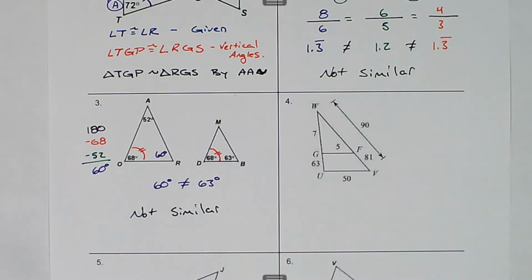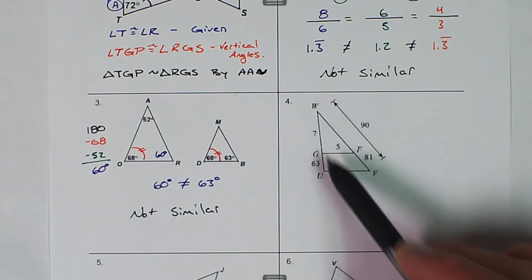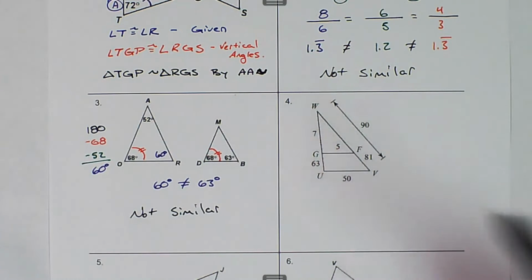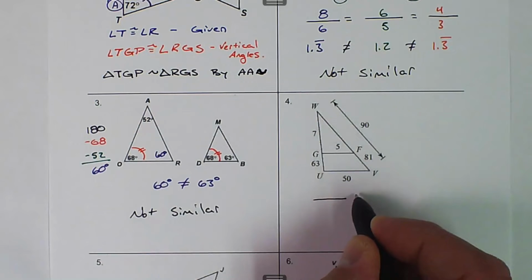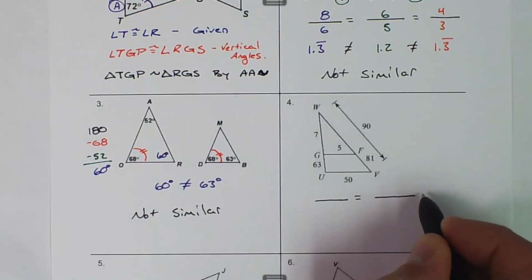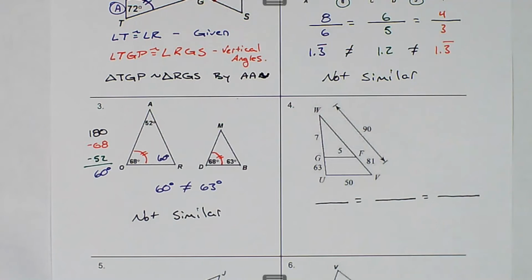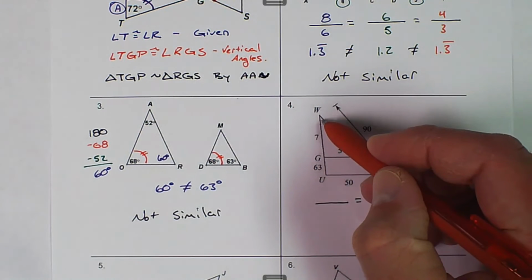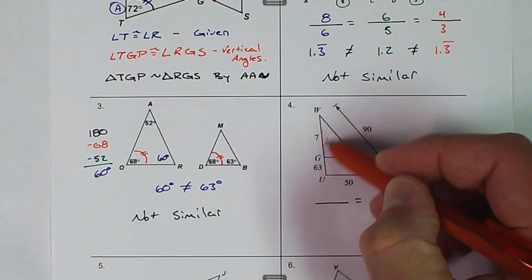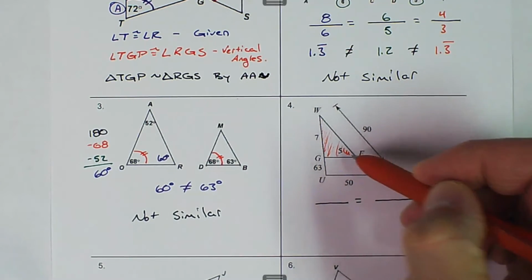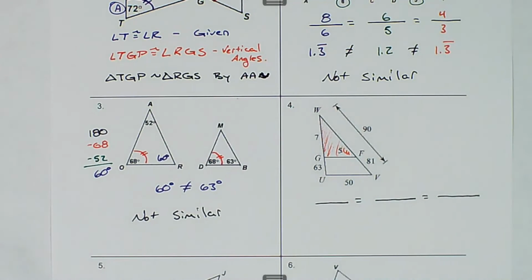Now we have another example here, example 4, and we're not given any angles. So again, we're going to have to pay attention to sides, and we want to set up our extended proportion. And then hopefully we can all see that there is a little triangle right there, and then there's a big triangle that kind of engulfs that little triangle.